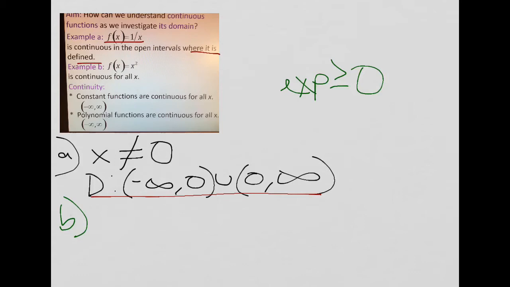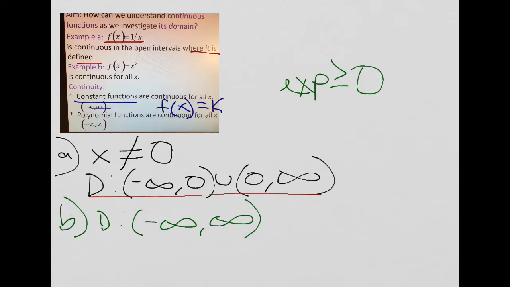But for f of x, it's continuous for all x, so it's a constant function. A continuous function. Continuity. So constant functions, I was kind of jumping ahead, too excited here, okay, such as, let's say, f of x equals k, some sort of constant. It's continuous for all x.